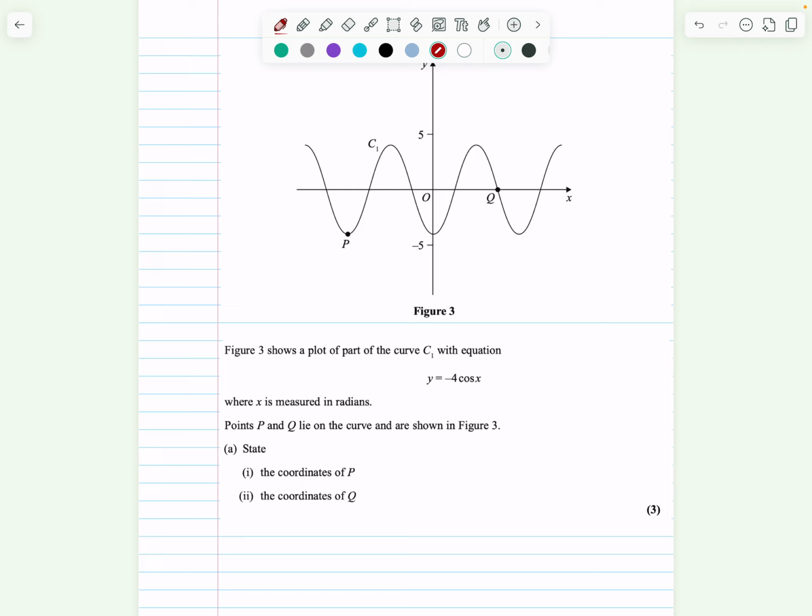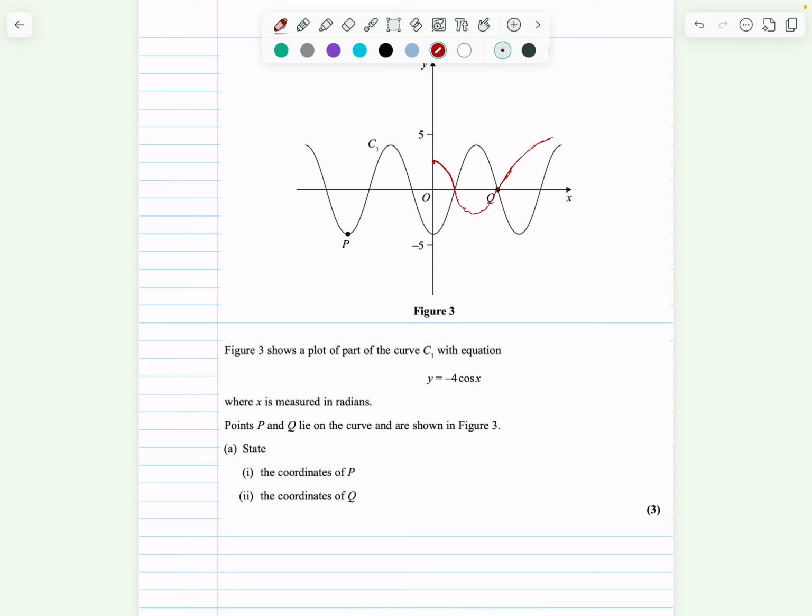Anyway, okay. So this is the graph of y equals negative 4 cosine x. If you know the graph of cosine x, roughly speaking, let's imagine that's 1 over here. It's going to look something like this.